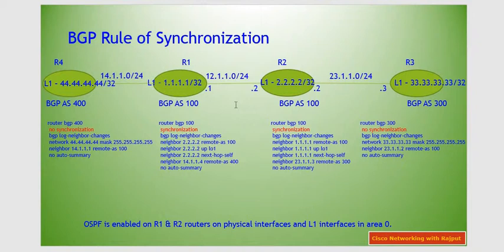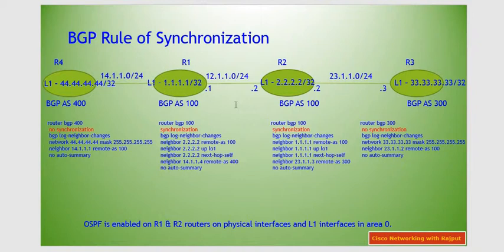So over here R1 and R2 are providing transit services. Both of these will have BGP ASN 100, R4 will have BGP AS 400, and R3 will have BGP AS 300.